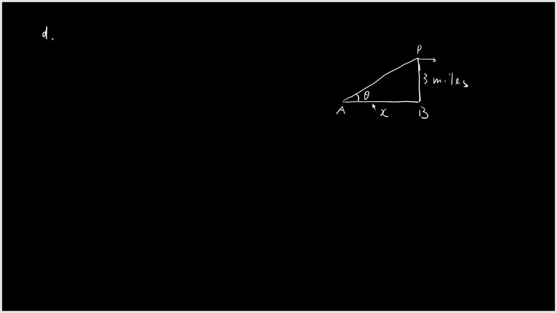Now the relation between theta and x is given by tan of theta equals the opposite in that triangle, which is 3 over x. In this question, we have only one relation between the two quantities.